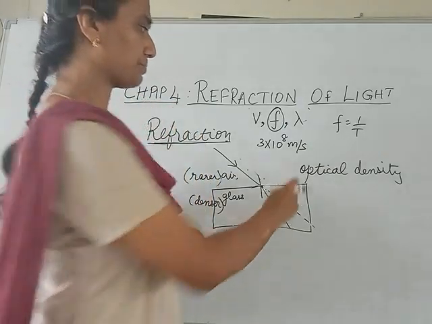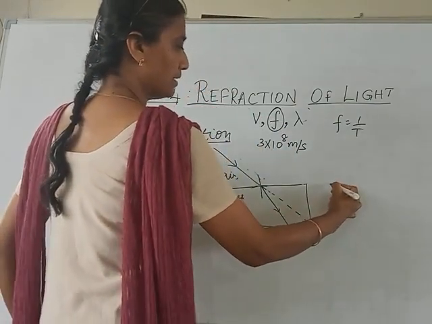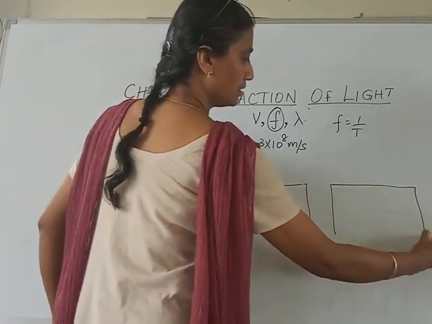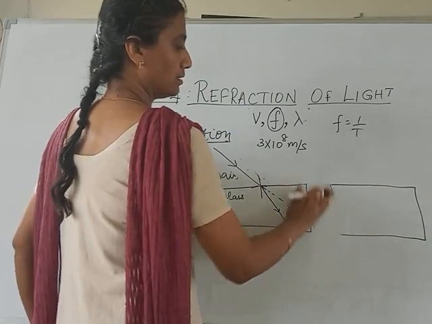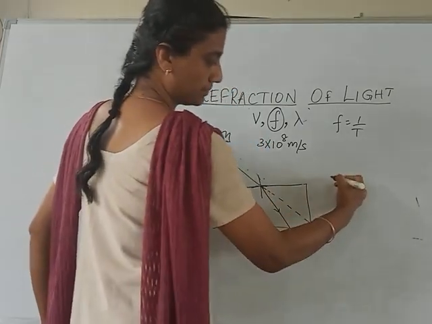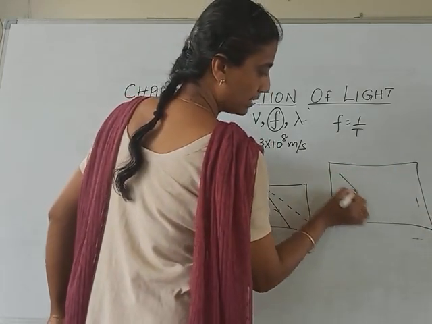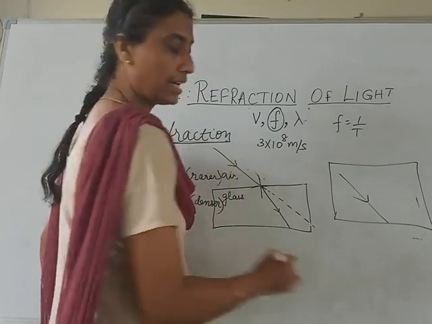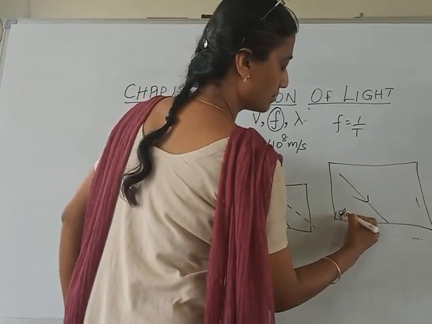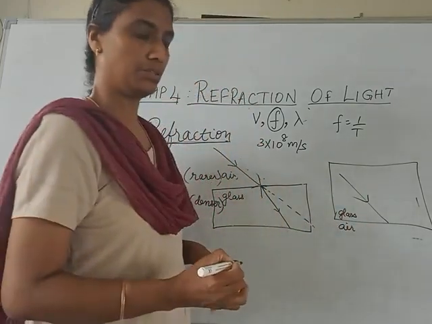Okay, now another thing happens. For example, the same ray of light was originally traveling in glass and it is coming into air. From glass, it is entering into air.